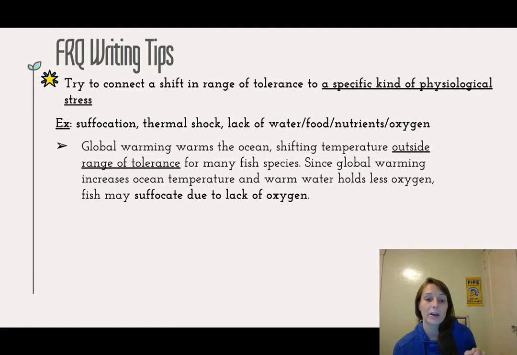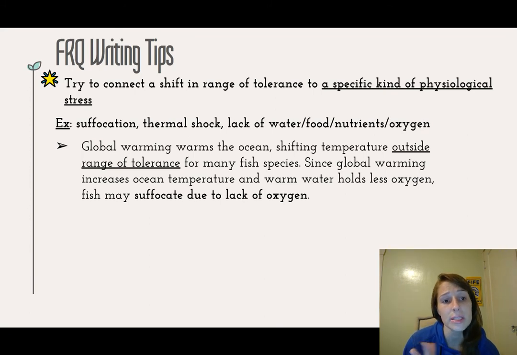Since global warming increases ocean temperature and warm water holds less oxygen, fish may suffocate due to lack of oxygen. And that will be a full, cohesive explanation of the entire picture of how human impact then leads to the dying of some species because of that ecological range of tolerance and because of the actual physiological stress that occurs because of being outside of that range of tolerance.